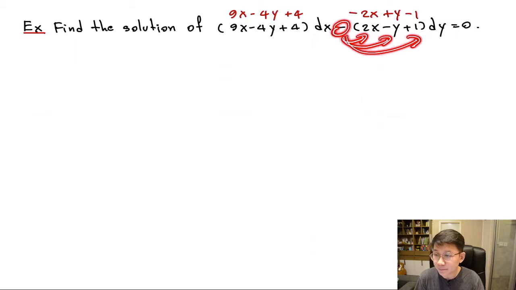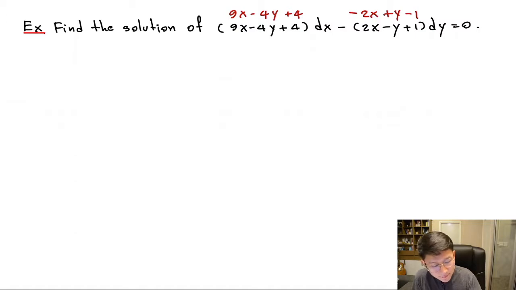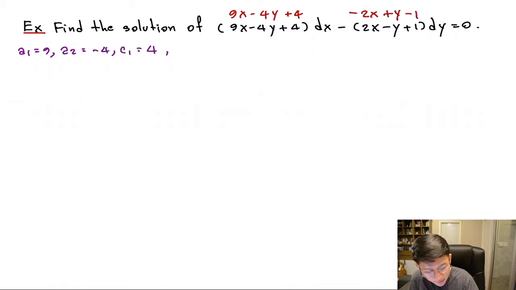Okay, so we have that a1 is 9, b1 is minus 4, and c1 is 4, and a2 is minus 2, b2 is 1, and c2 is minus 1.